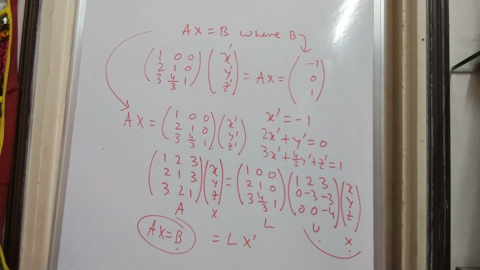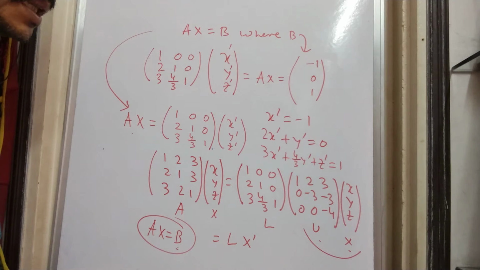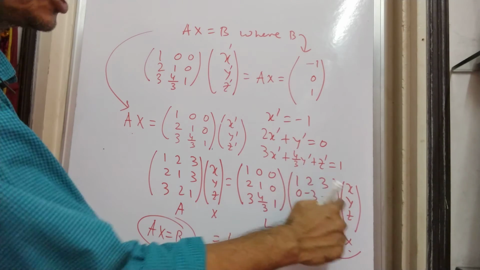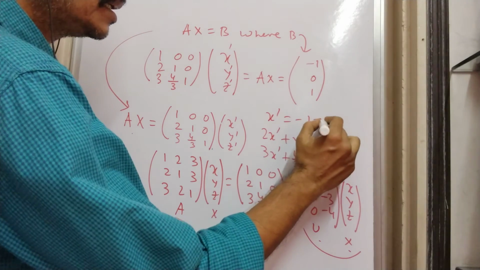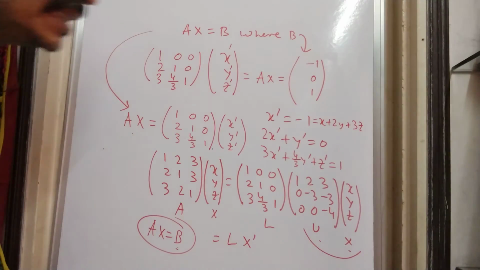And you know the value of x prime from this relation. What is x prime? x prime is x plus 2y plus 3z.